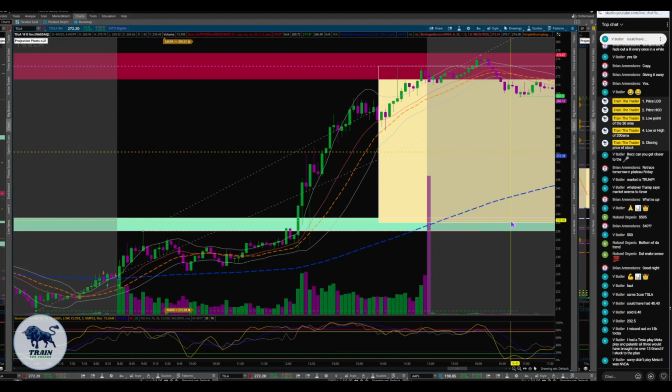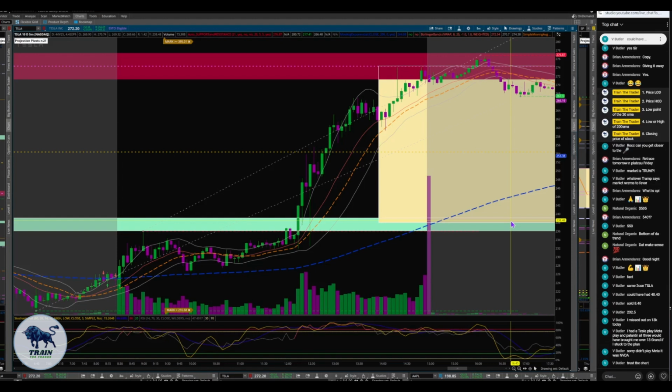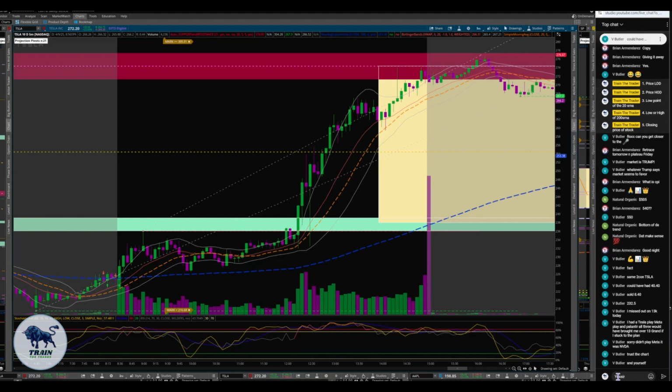SoundHound and Nvidia. If you want some AI, and I ain't taking no credit for Nvidia, because that's a given. But SoundHound, ain't too many people talking about that, and at that combination. So yeah.